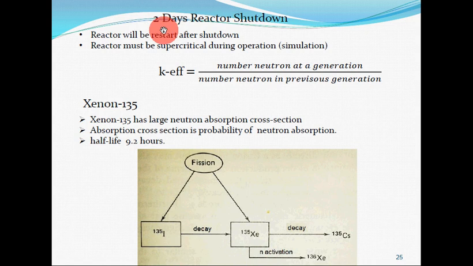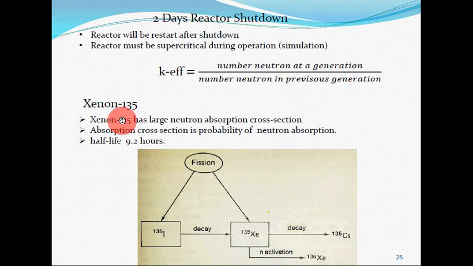Today reactor shutdown. The reactor will be restarted after shutdown. Reactor must be supercritical during operation or simulation. The K effective equals the number of neutrons in a generation divided by the number of neutrons in the previous generation.